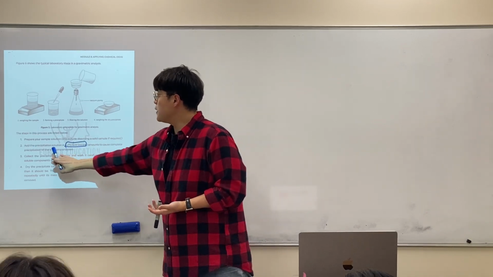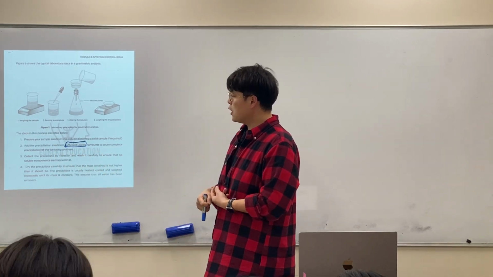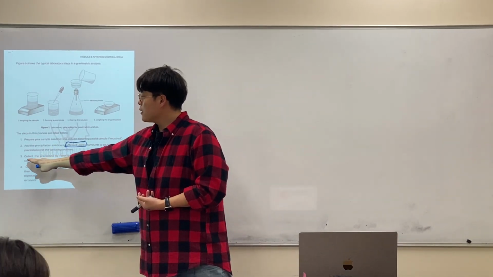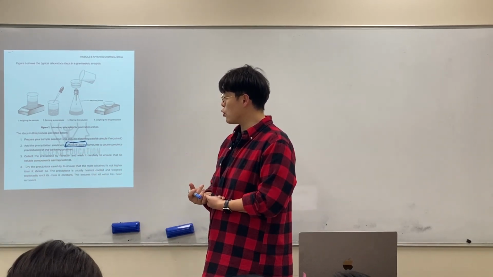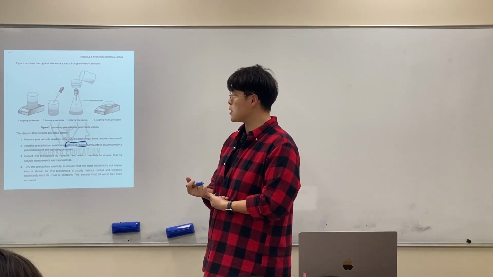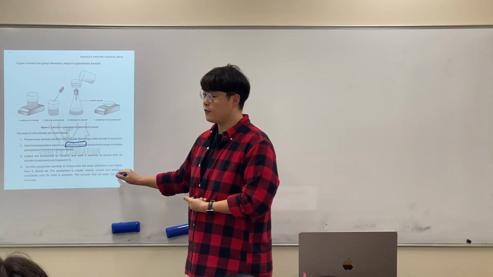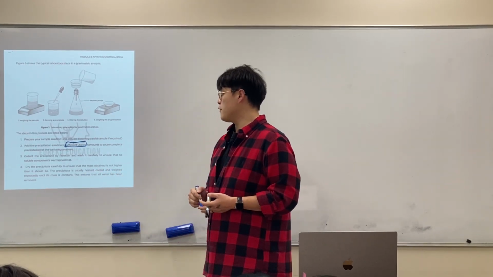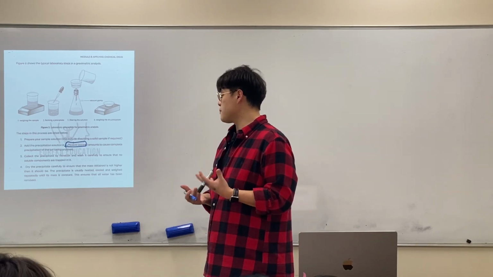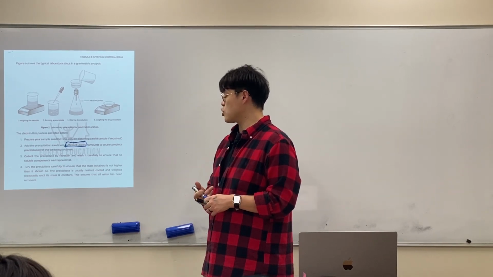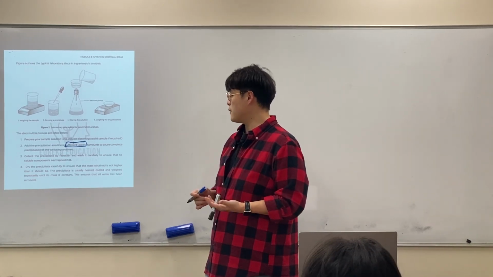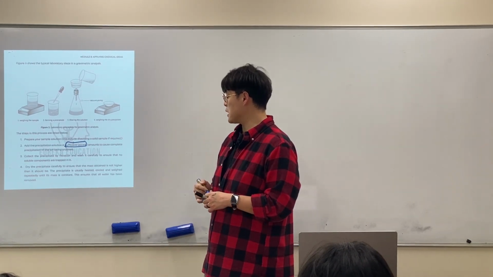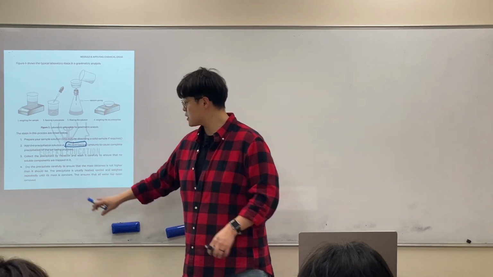This causes complete precipitation of the ion being analyzed. Collect the precipitate by filtration and wash it carefully to ensure that no soluble components are trapped in it. Number 4, dry the precipitate carefully to ensure that the mass obtained is not higher than it should be. The precipitate is usually heated, cooled, and weighed repeatedly until its mass is constant.